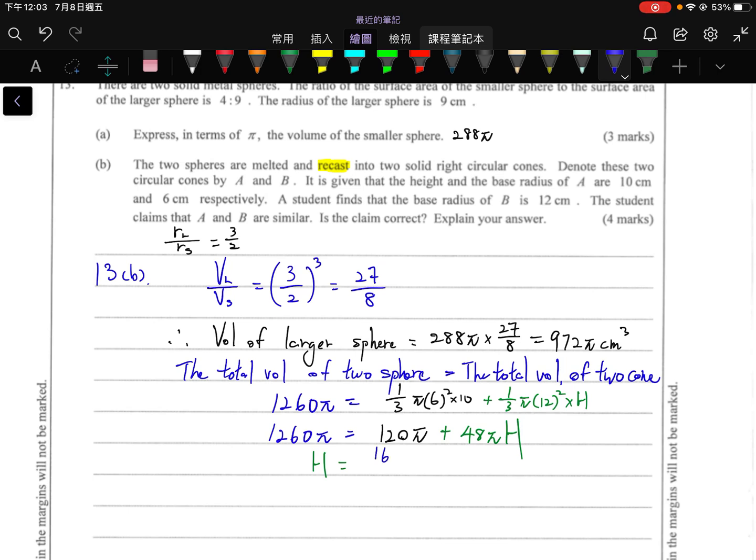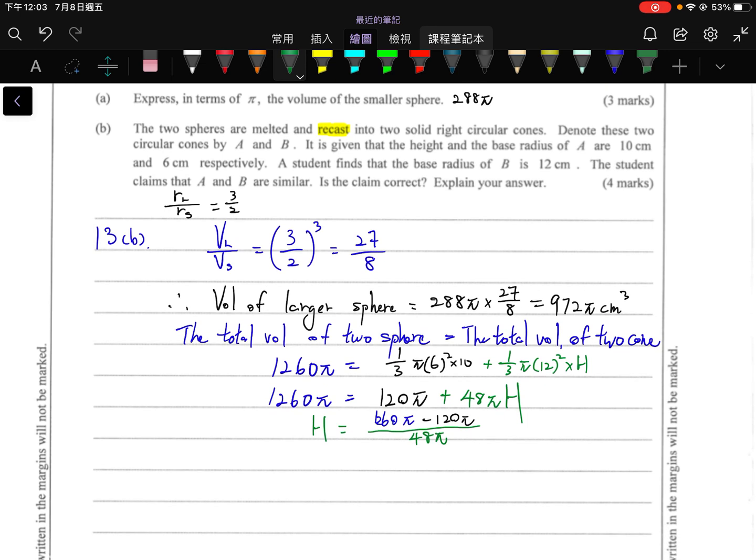The height of cone B equals 1260 pi minus 120 pi, divided by 48 pi.